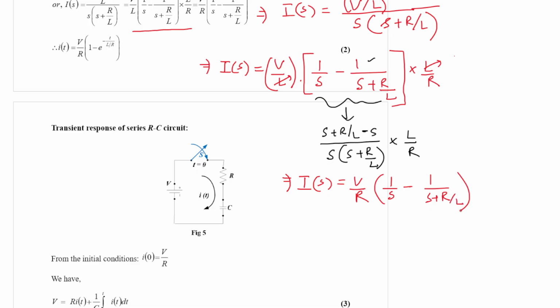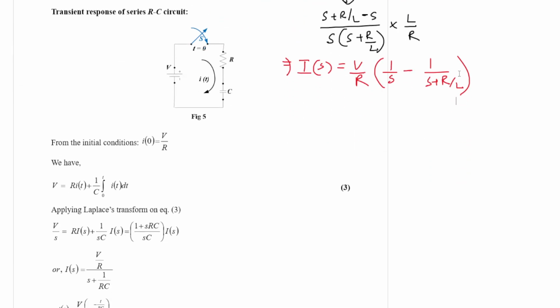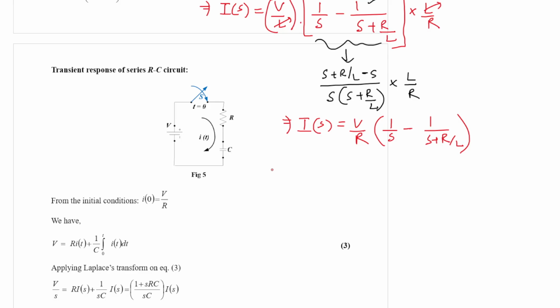So you will now directly write the inverse Laplace transform. I(s) inverse Laplace will be i(t). V by R is kept constant here. Now what is the inverse of 1 by S? If we have a unit step of 1, then its Laplace transform will be 1 by S. Vice versa, if we have 1 by S, then its inverse Laplace transform will be 1.